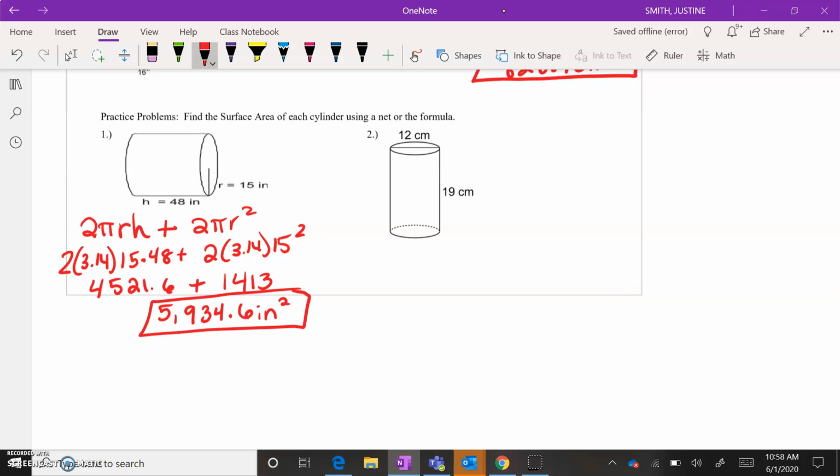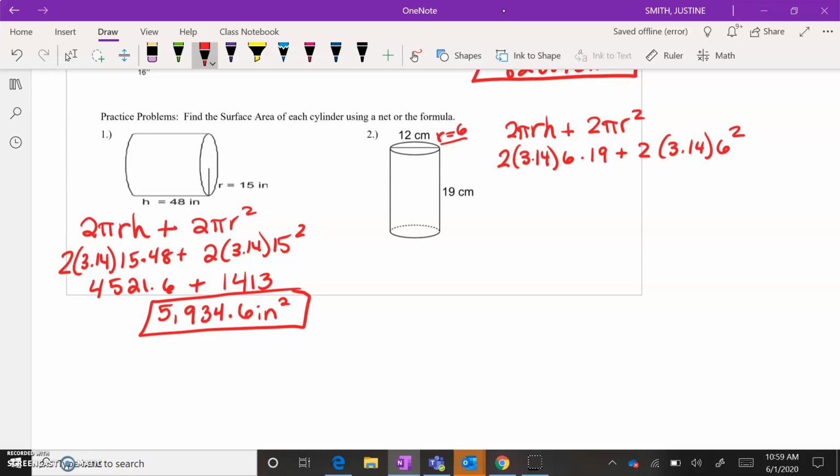So last one here, I'm just going to go ahead and say the radius is 6 since that's what we're using. And again, you're doing 2 pi r, so basically the circumference times the height, plus twice the area of the circle. So 2 times 3.14, the radius we said here is 6, the height is 19, plus 2 times 3.14 times the radius, 6 squared.